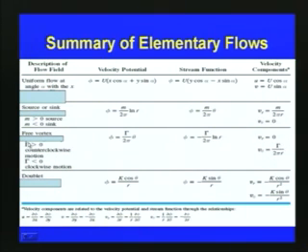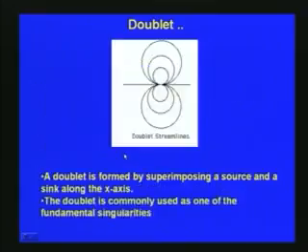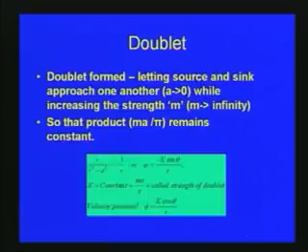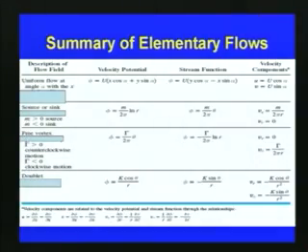The parameter gamma, the circulation, we have already defined earlier. With respect to this circulation, when circulation is greater than 0, we say that it is counterclockwise motion, and when circulation is less than 0, that means it is negative, we say that there is clockwise motion.